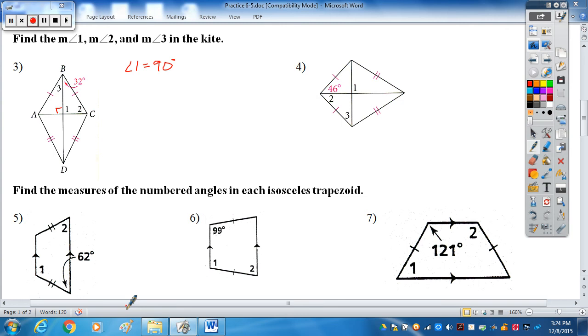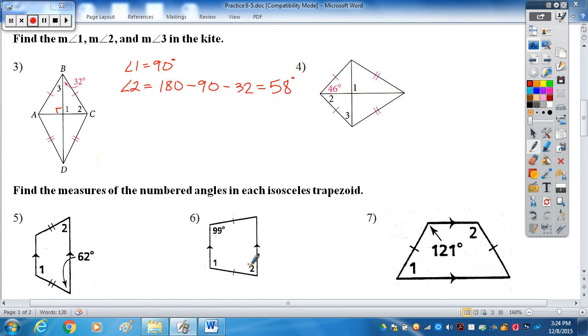Now, from here, let's do angle 2 first. If this is 90 and this is 32, angle 2 is 180 minus 90 minus the 32, which is going to end up being 58 degrees. So that's going to be angle 2 for you.